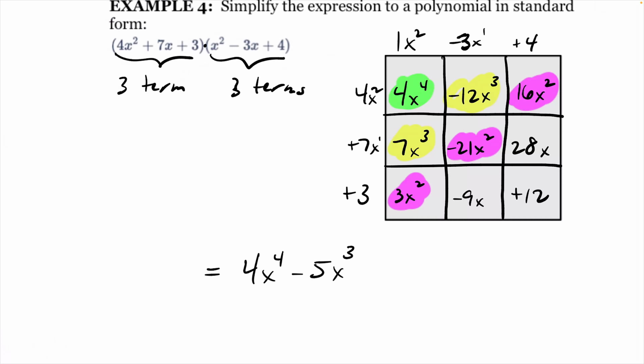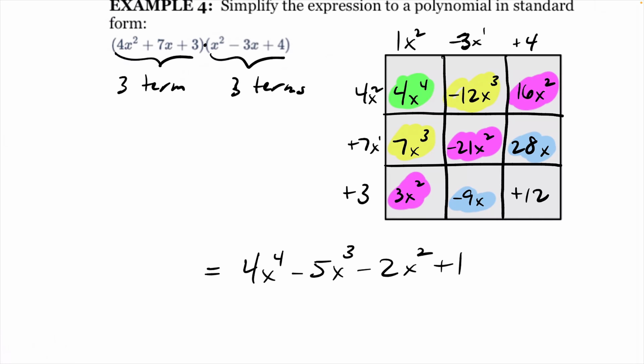Negative 2x squared. Remember, when we're combining like terms, you don't add the exponents. Leave the exponents alone. The next one, what do we get? 19x. And then the last one, 12, doesn't have anything to combine with, so we just move it down.